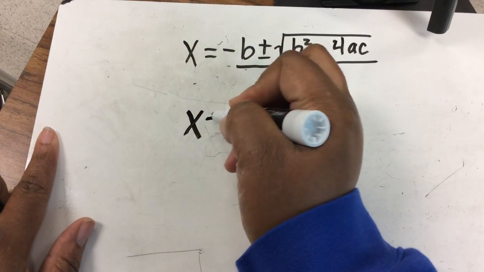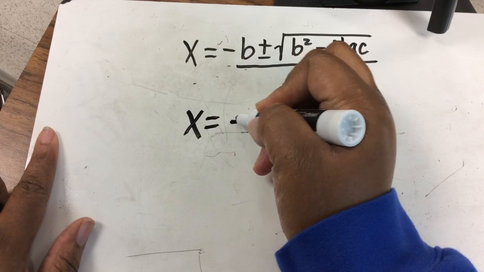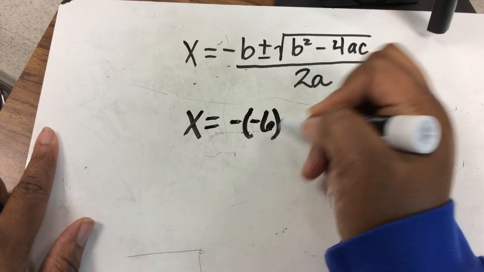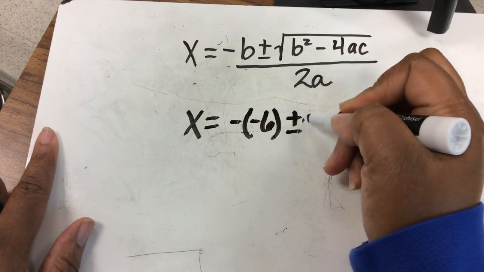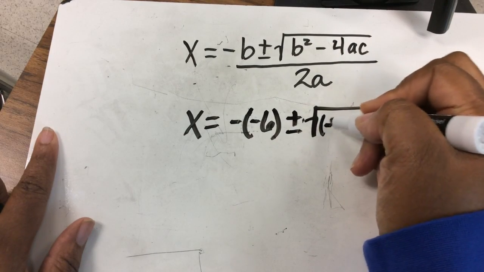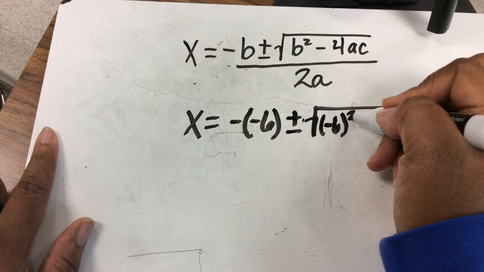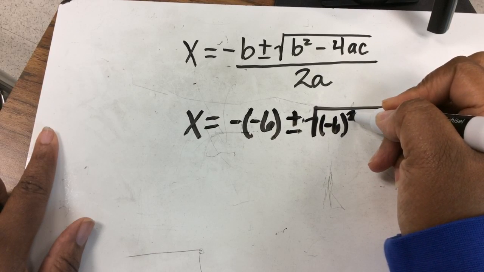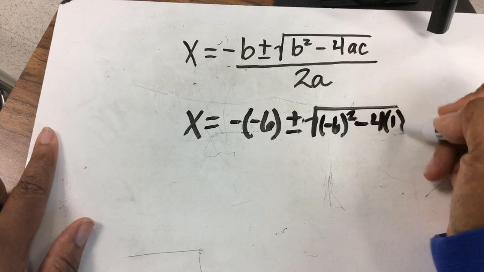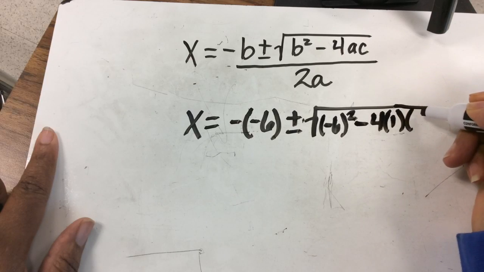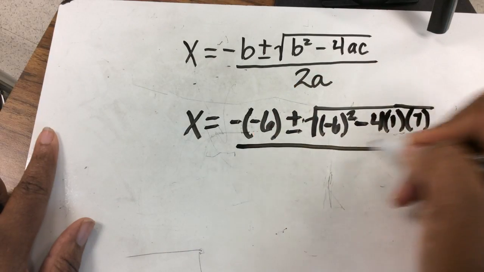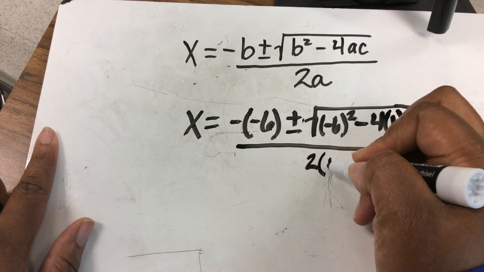So you should have x equals negative 6 plus or minus the square root of negative 6, excuse me, squared minus 4 times 1 times 7, all over 2 times 1.